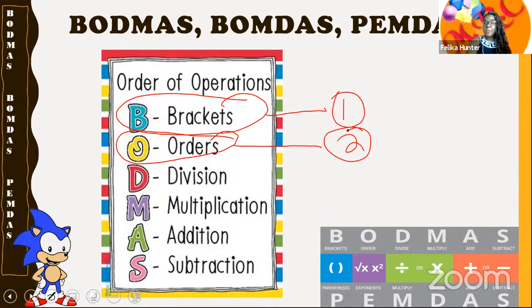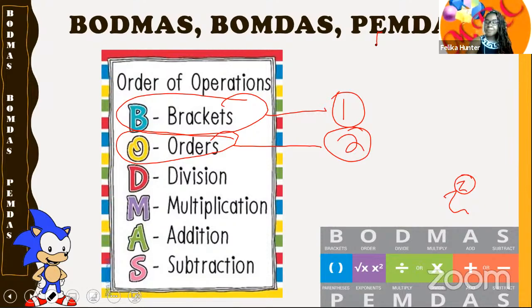If you see 2 square, the square here represents orders, or exponent. If you're looking at PEMDAS, the E would be for exponent. If we see any powers, we're going to work it out second. So first, brackets. Second, powers or roots.